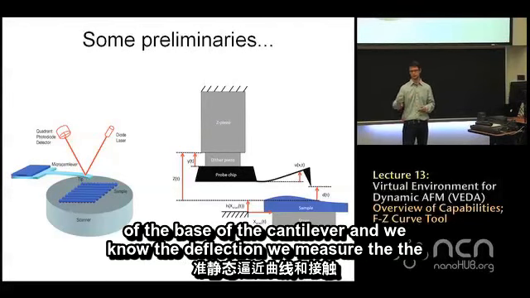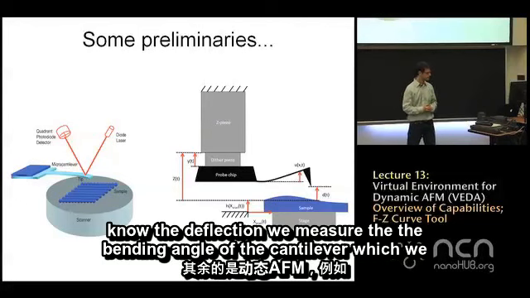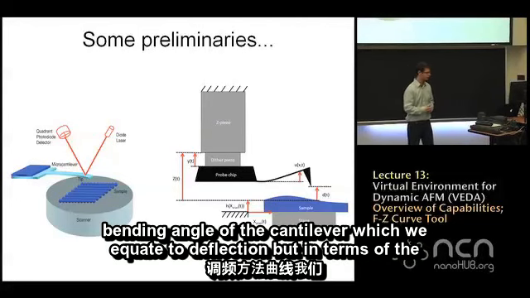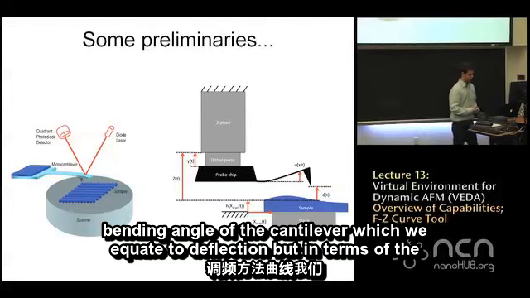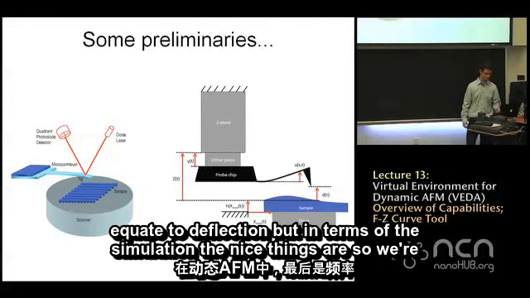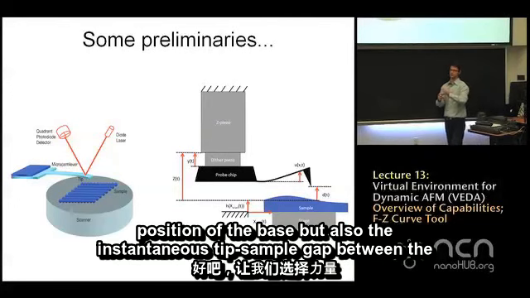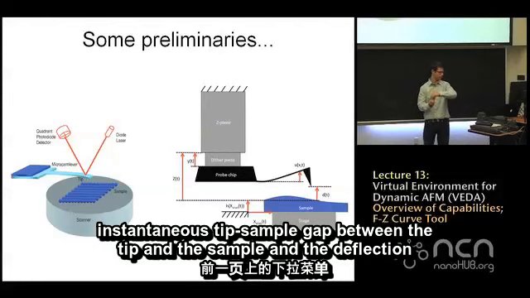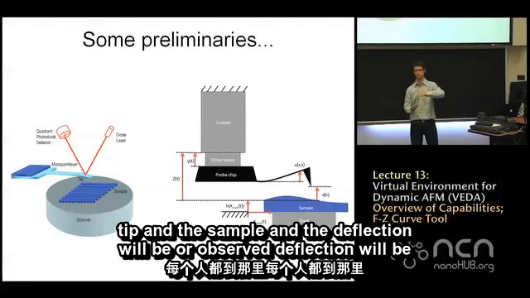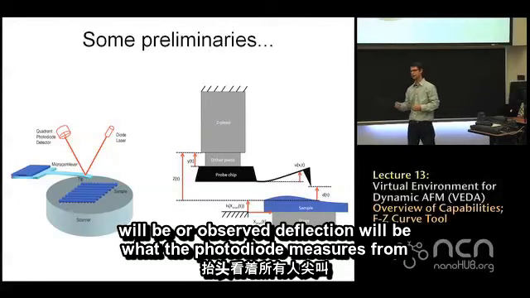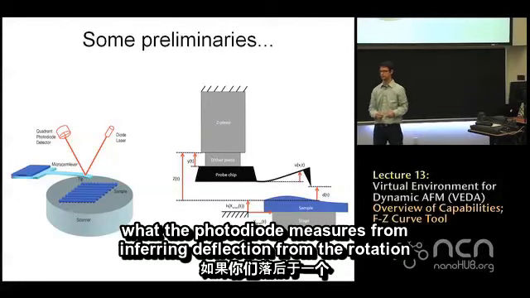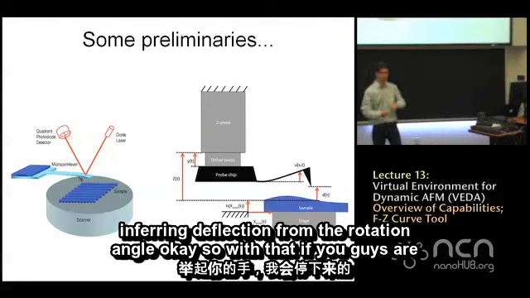We measure the bending angle of the cantilever, which we equate to deflection. But in terms of the simulation, we're going to talk about Z, which is the position of the base, but also the instantaneous tip sample gap between the tip and the sample. And the observed deflection will be what the photodiode measures from inferring deflection from the rotation angle.